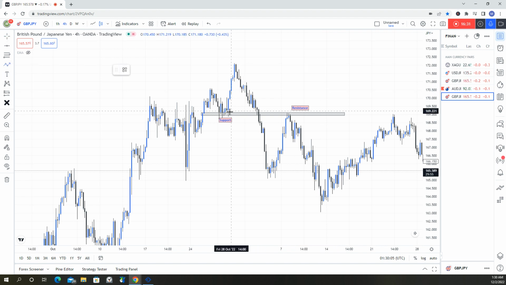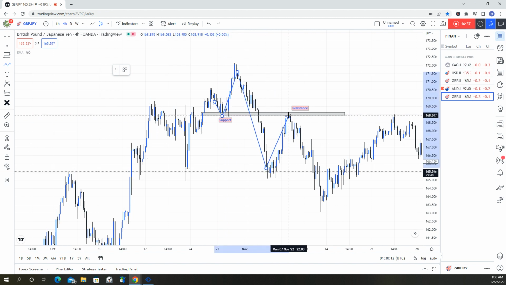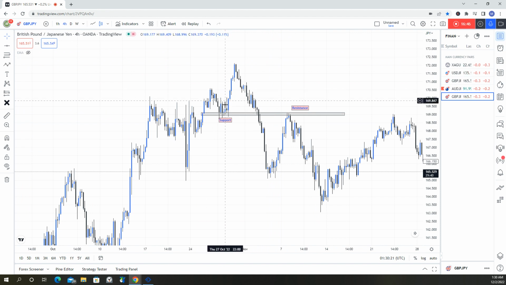So as I said, past support is future resistance, right? So when the market comes back to that level, you look left and go, oh, that's actually past support.